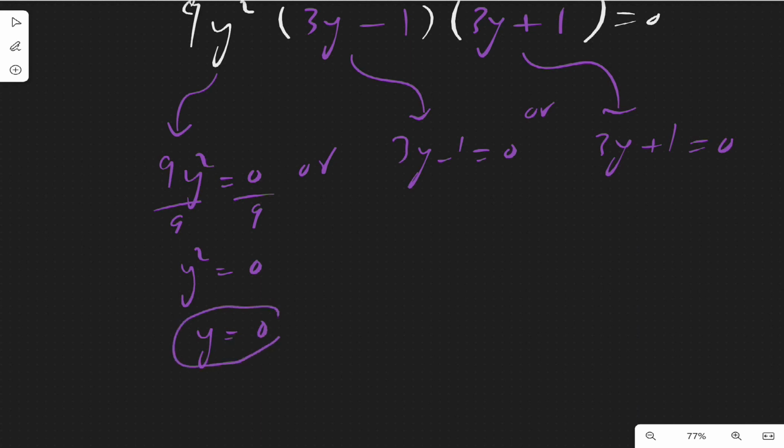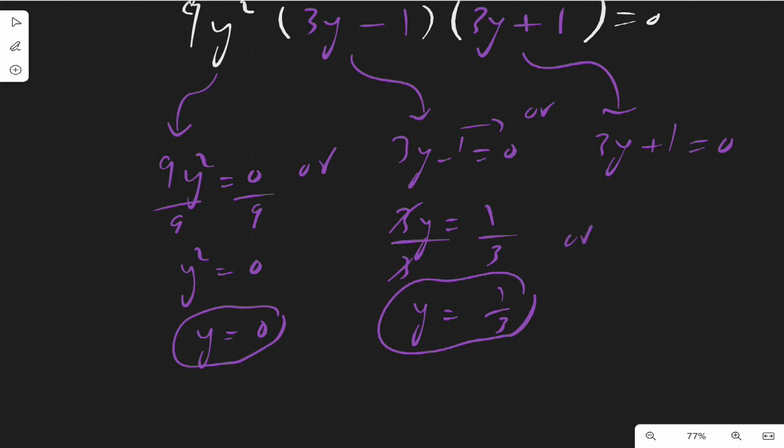So whatever you do, still y equal to 0. The other one, 3y is equal to positive 1. Divide by 3. y equals 1 over 3. 3y equal negative 1. Divide by 3. So y equal negative 1 over 3.